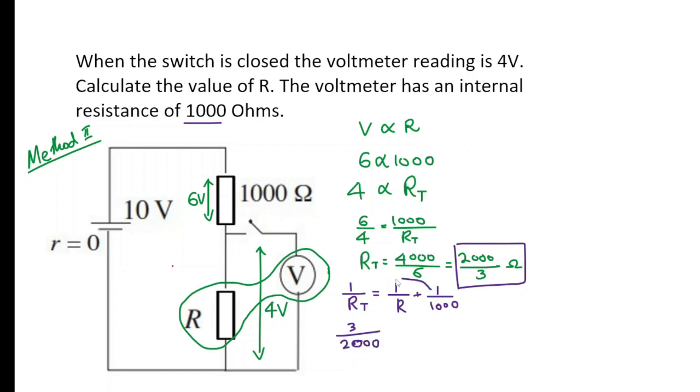I'm going to move 1 over 1000 to that side: take away 1 over 1000 is equal to 1 over R. Now multiply top and bottom by 2. 3 over 2000 take away 2 over 2000 is 1 over 2000. So 1 over 2000 is equal to 1 over R. So obviously R is 2000 ohms. We get exactly the same answer using a different approach.